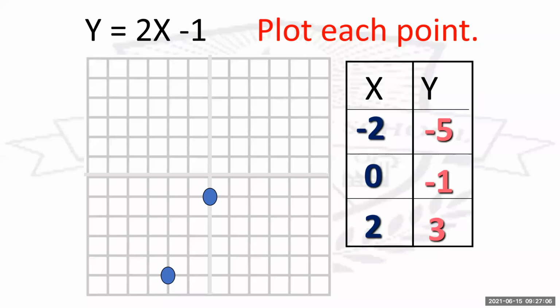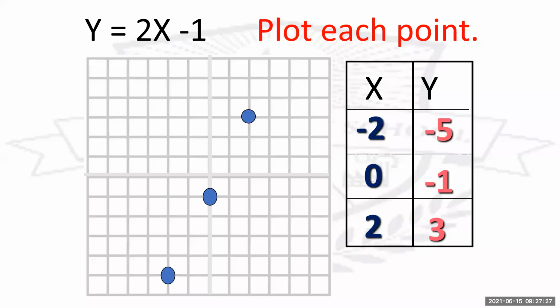Next point is 0 comma -1. Now check. X coordinate is 0. So that means the point will lie on the y-axis. It is given -1, so it will lie on the y-axis at -1.